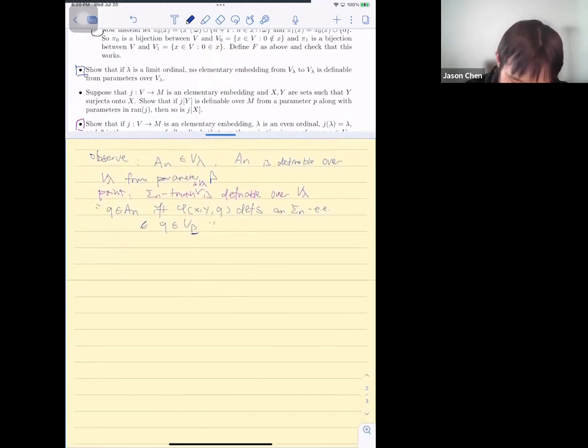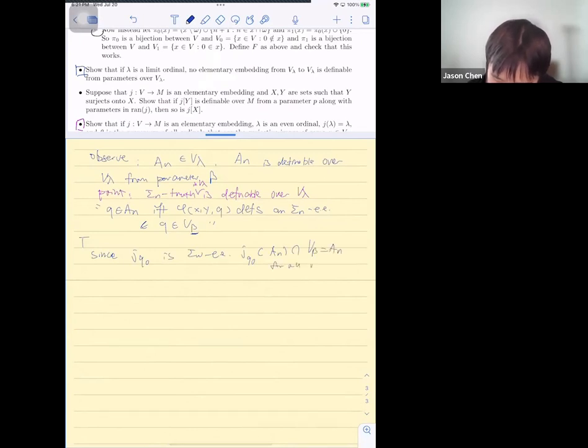So what does this tell us? AN being definable, this tells us that JQ0, since JQ0 is, let me write sigma omega, so fully elementary, JQ0 of AN intersects V beta is going to be AN for all n in omega.